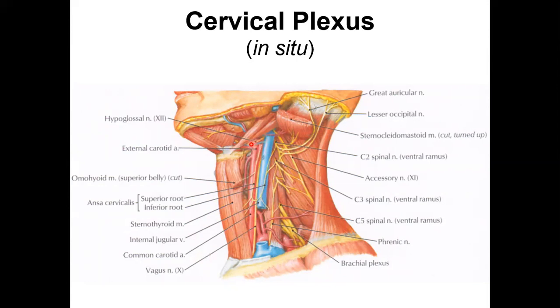And again, here's your hypoglossal nerve. And then here is your spinal accessory nerve. Here is your greater auricular nerve, your lesser occipital nerve, all of these in this picture.